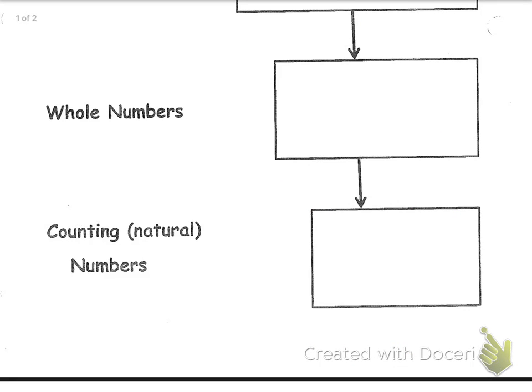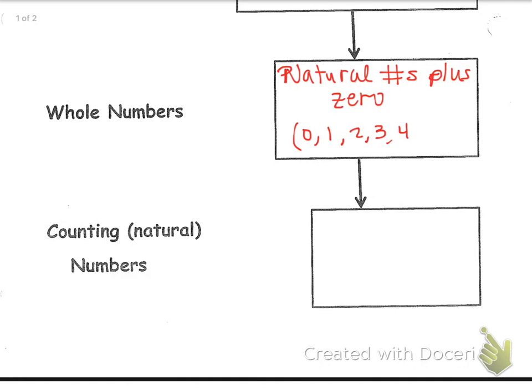Then we have an example of a whole number. So whole numbers are your positive whole numbers plus 0. So your natural numbers plus 0. What are your natural numbers? We'll talk about those in a second, but they're all your positive whole numbers.